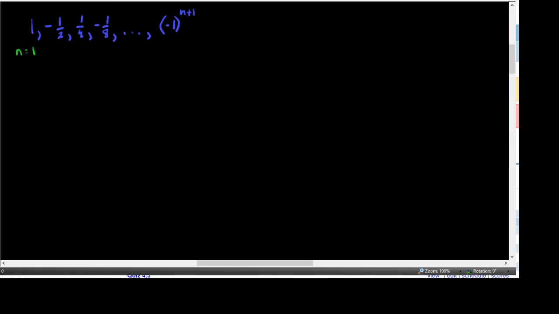And this is a series that starts with 1 and multiplies by 1/2 each time. So the numerator is always 1. The denominator is a power of 2. The first one is 2 to the 0, which is 1. So this is going to have to be n minus 1 as the power.